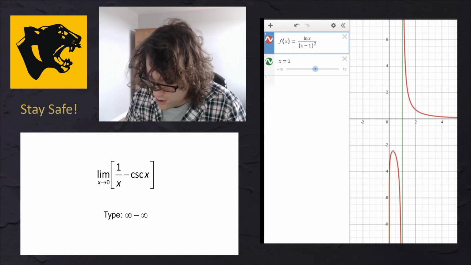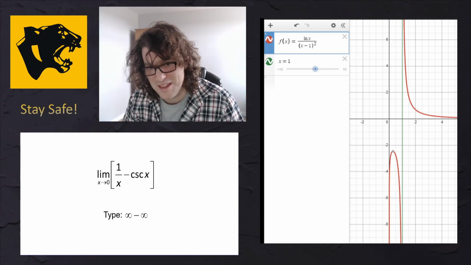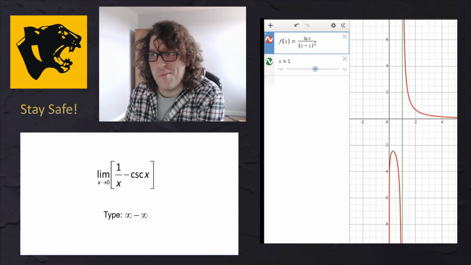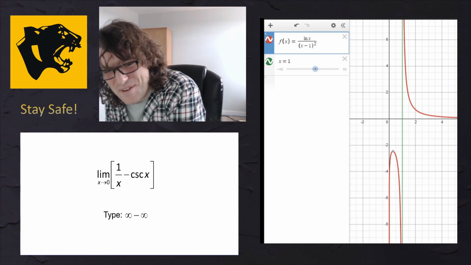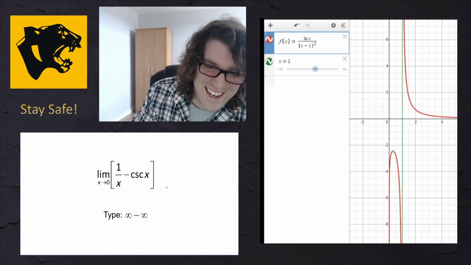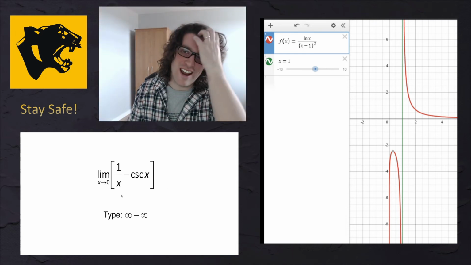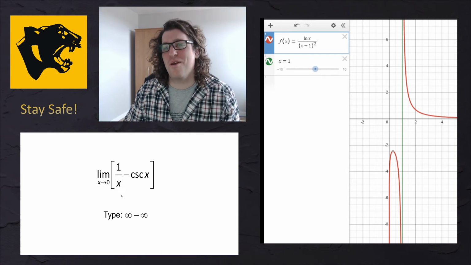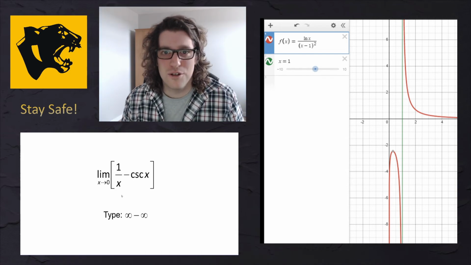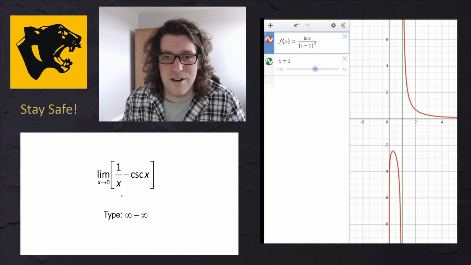In this particular problem, I actually think that the limit exists from both sides. The negative applies to both the cosecant and the 1 over x. So I did a silly thing, and I added that coming in from the right when I was just a little nervous, and I was like, oh man, what if that doesn't work out very well?